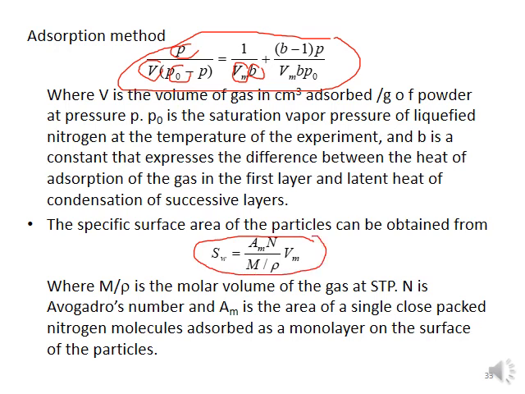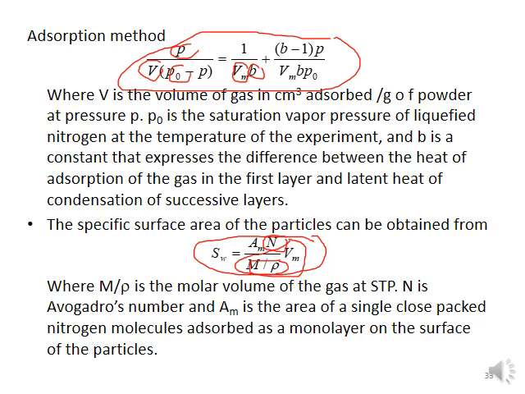Molecular weight divided by the density is the molar volume. So if we divide the volume required for monolayer coverage by the molar volume, the number of moles required for monolayer coverage is determined. If the number of moles is multiplied by Avogadro's number, then the number of molecules is determined.